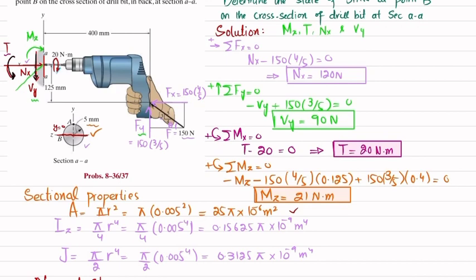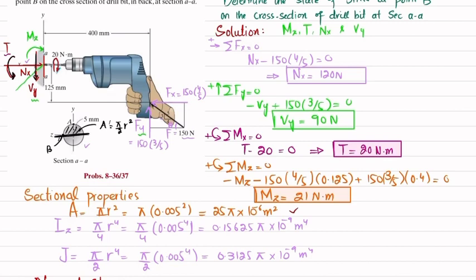From here you can check that this is the cross section, this is point B, and this is the area A dash, which is equal to half of a semicircle, so pi by 2 r squared. And what will be y dash?